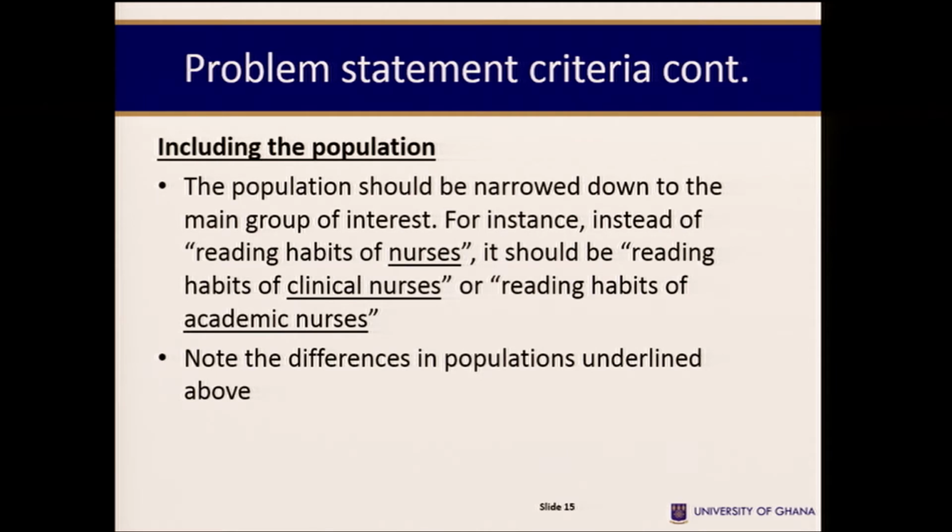For instance, instead of reading habits of nurses, it should be reading habits of clinical nurses or reading habits of academic nurses. So you have narrowed down the population. In the previous example, we said reading habits of nurses. We didn't differentiate between the categories of nurses. Here we have been able to do that.